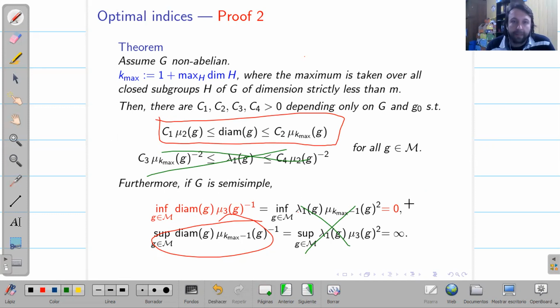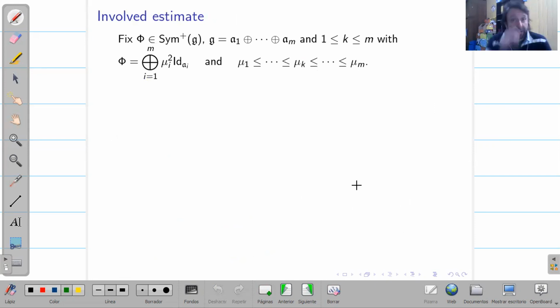Well, to prove the upper bounds, we will find involved estimates. Remember, a few slides back in the first lecture, we called some estimates simple estimates. Well, here are the involved estimates.